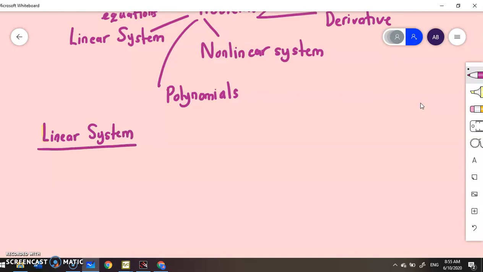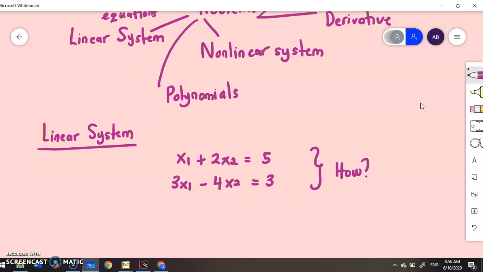So for example, I have x1 plus 2x2 equals 5, 3x1 minus 4x2 equals 3, let's say. Okay, how do you solve? This is equation 1, this is equation 2.